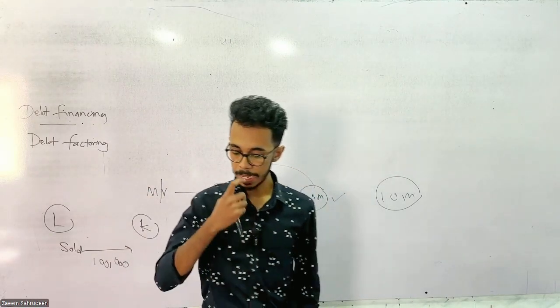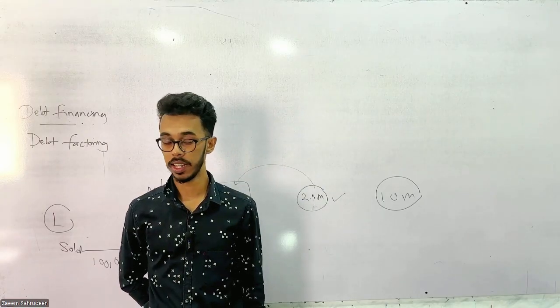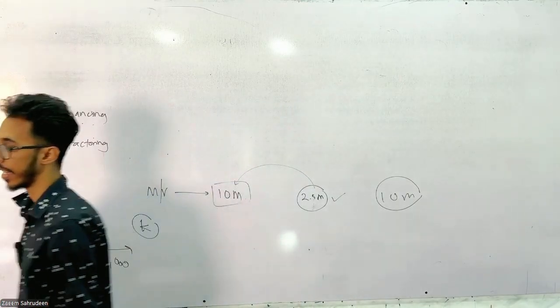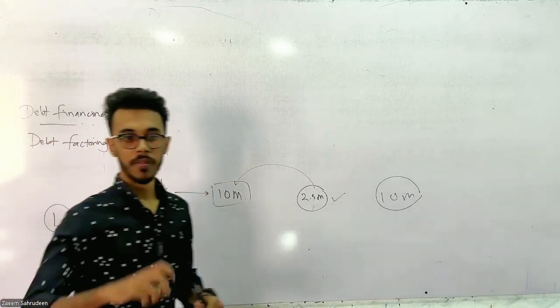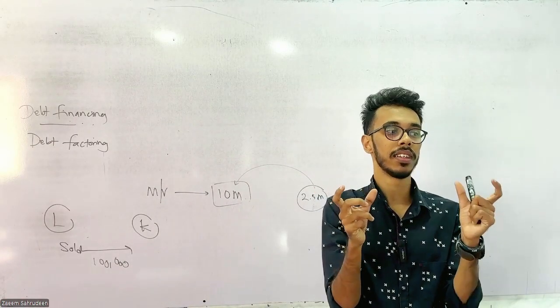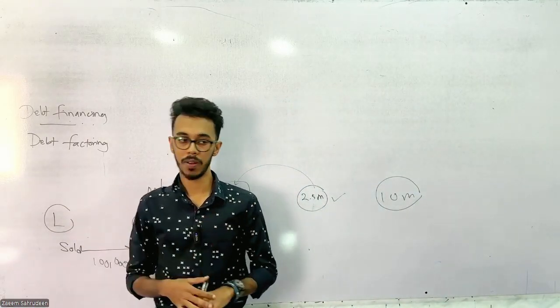Here LRA means Lanka Rating Agency, that evaluates the financial strength of a company or a specific debt instrument. This is like giving marks, right? For a particular debt instrument or a particular finance company, we are giving a score.